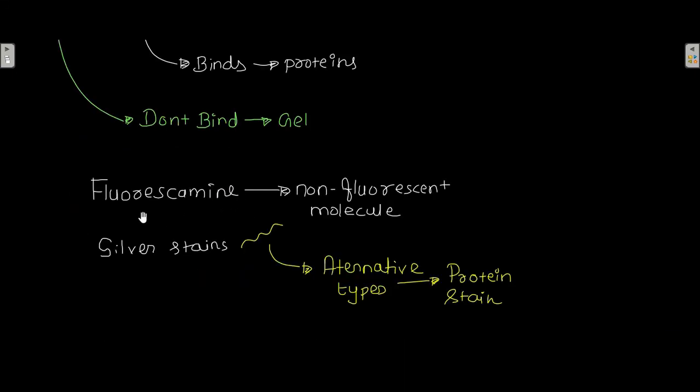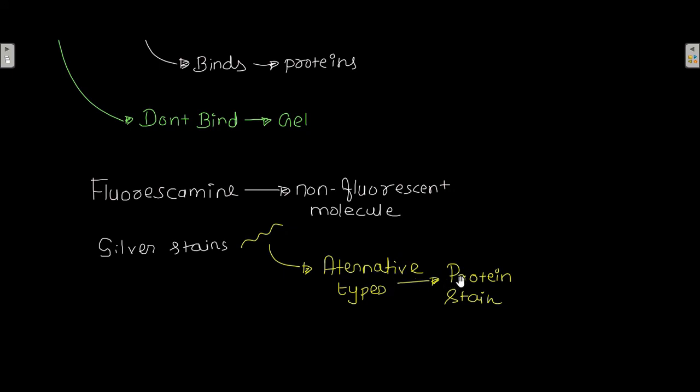After this, fluorescamine and silver stain are the alternative types of protein stain. Fluorescamine is a non-fluorescent molecule, and these two serve as alternatives for protein staining.